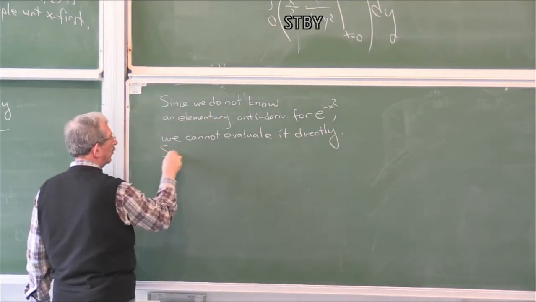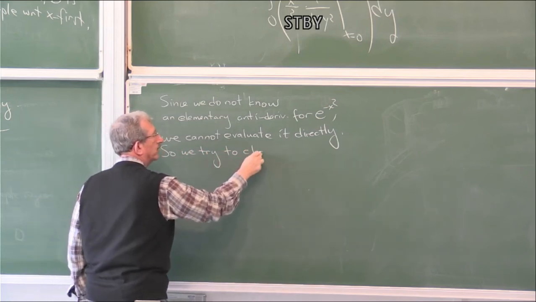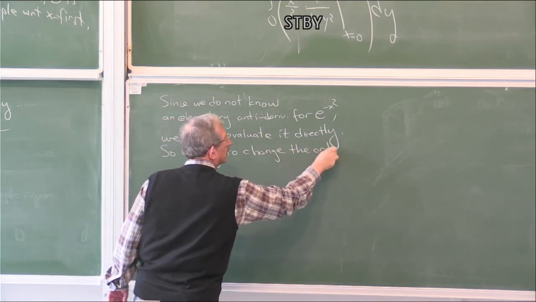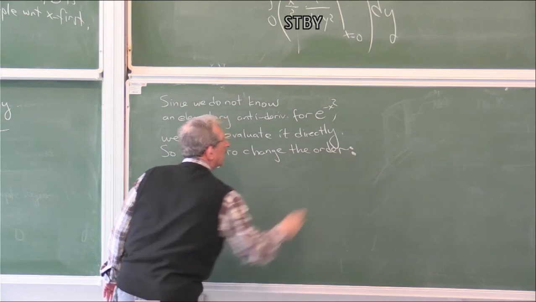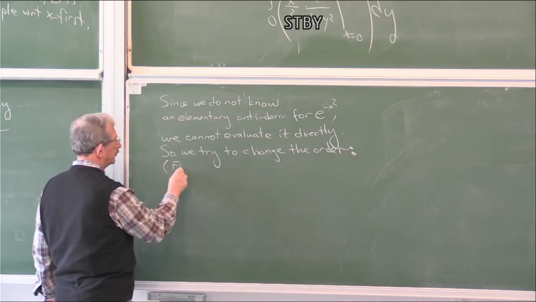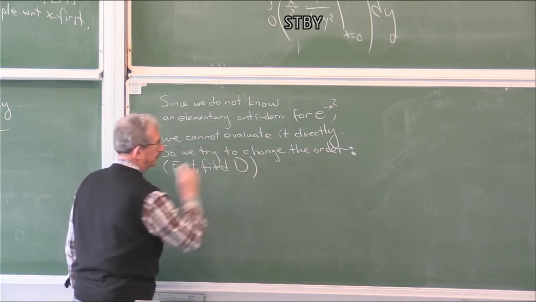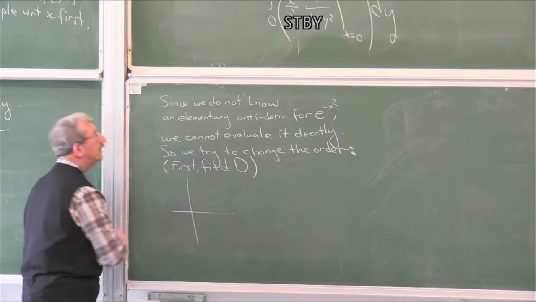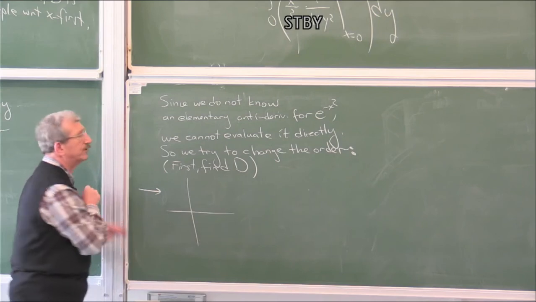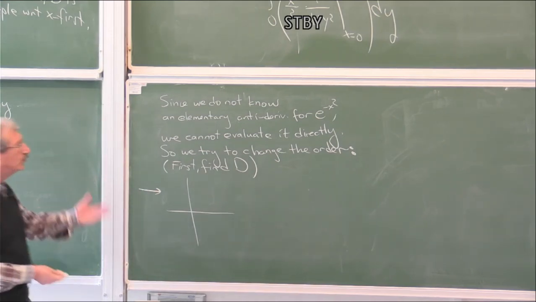So we try to change the order. This means, of course, first find the region. Okay, let us see. Well, first of all, it says that we look in the x direction, and x starts from the curve x equal to y.